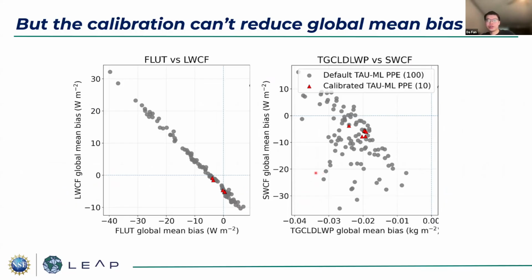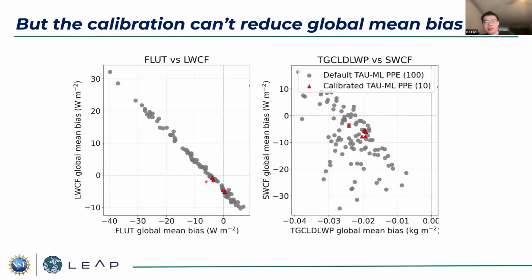It can reduce some structural error, which we found by analyzing the global mean bias. Here are two examples. The left one is the global mean bias of upward long wave flux versus long wave cloud forcing. The green points are the original 100 member PPE, while the red points are the calibrated PPE.